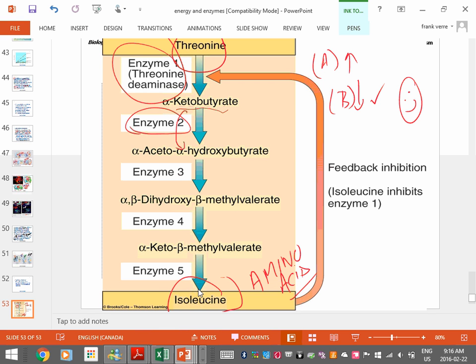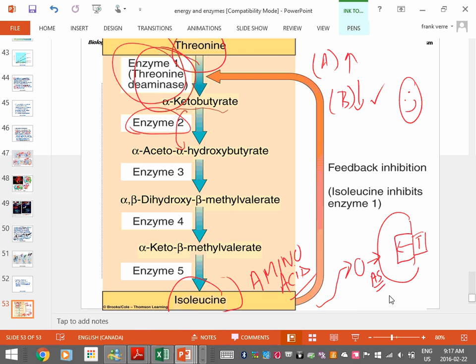Well, what happens when you have enough of it? What do you want to do? You want to turn it off. You want to have a way to switch it off. So we can imagine that this enzyme, threonine deaminase, works on threonine. So I'm going to draw threonine as a little rectangle. So you can see right now that it fits. What happens though is when you make enough isoleucine, the isoleucine will actually attach itself to that allosteric site, which I'll call AS.